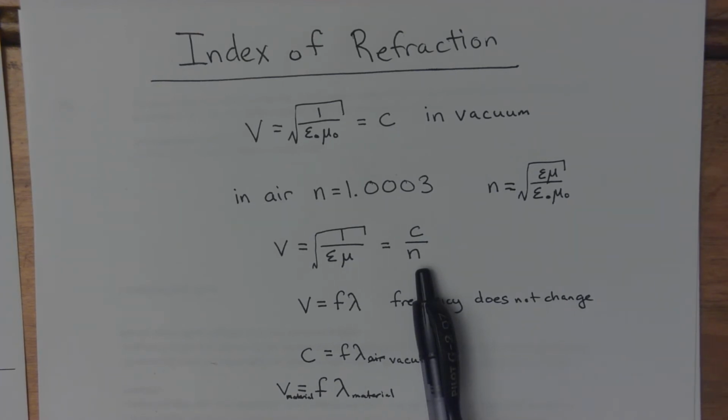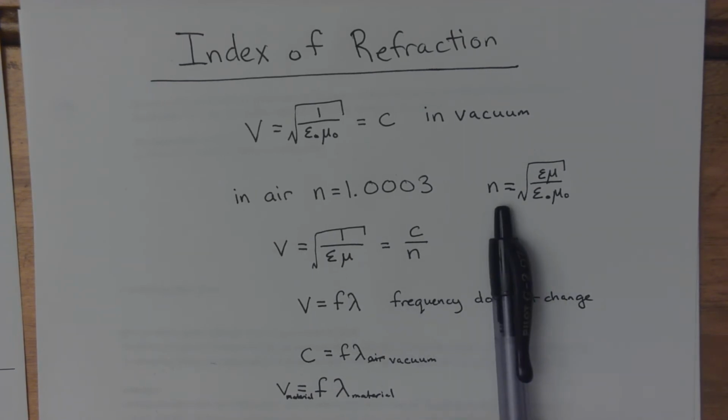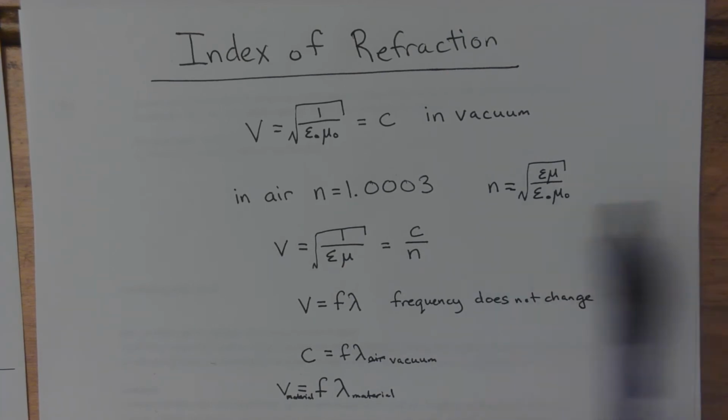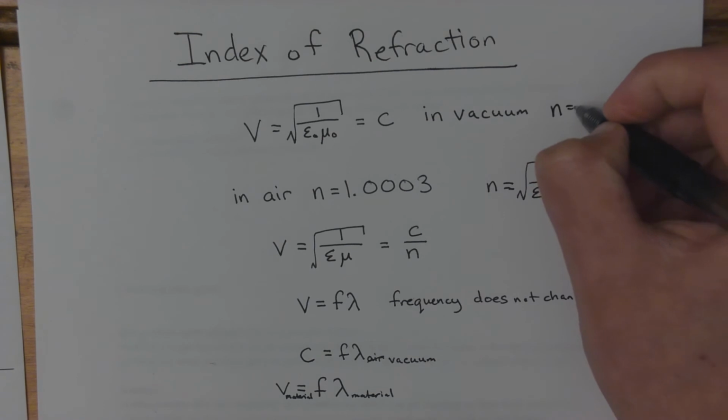It can never go faster than it goes in vacuum, and it always goes the same speed in vacuum, but it will go at a slower speed in other materials, which means that the lowest possible value you can have for n is 1. So in vacuum, n is equal to 1.